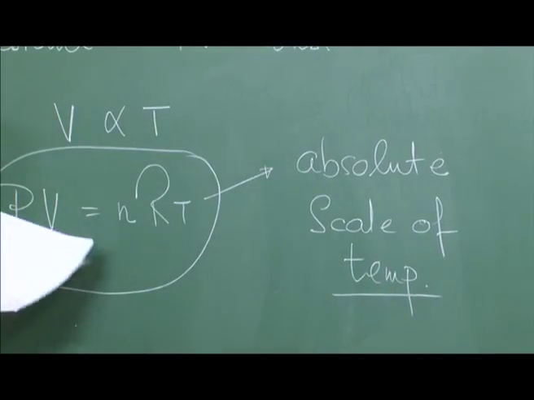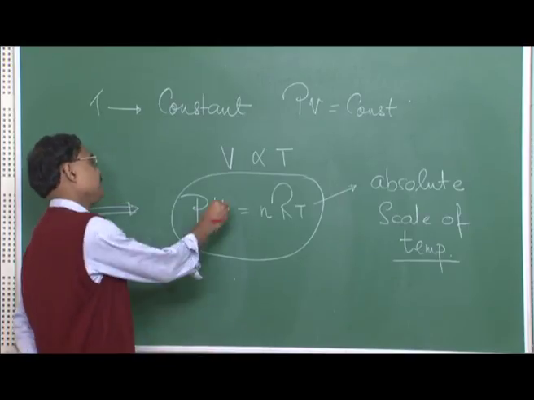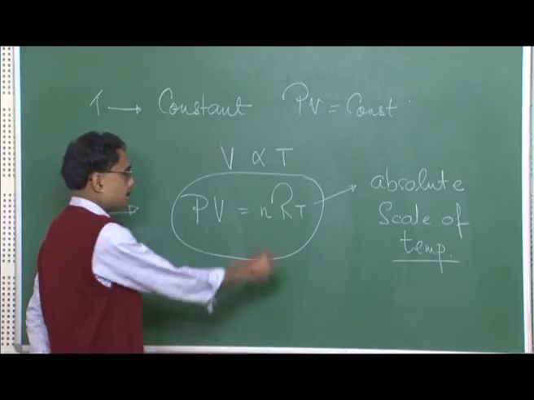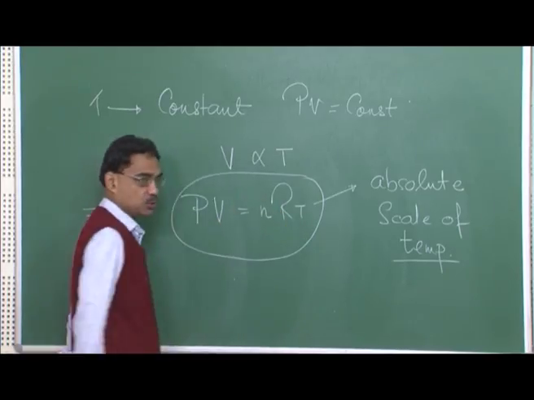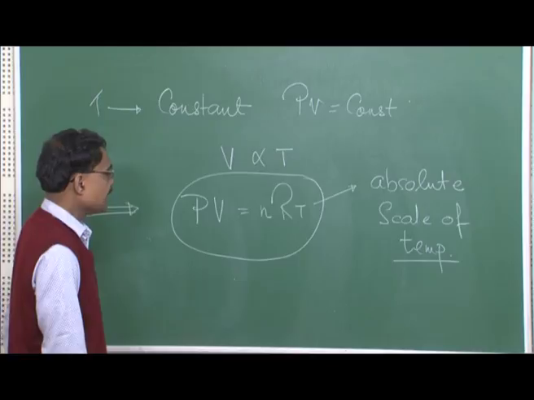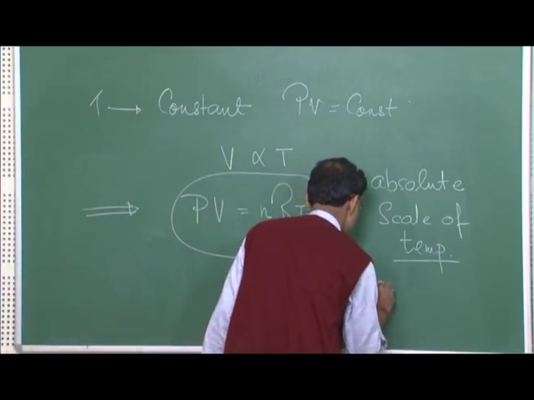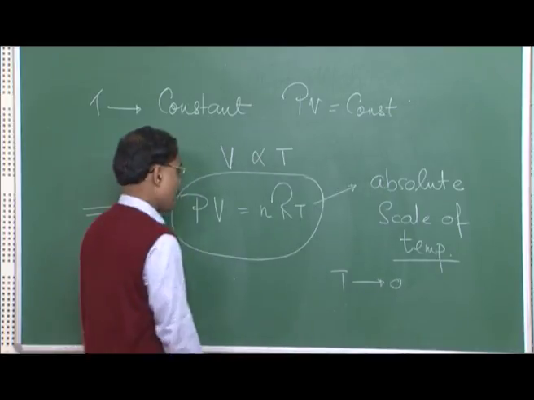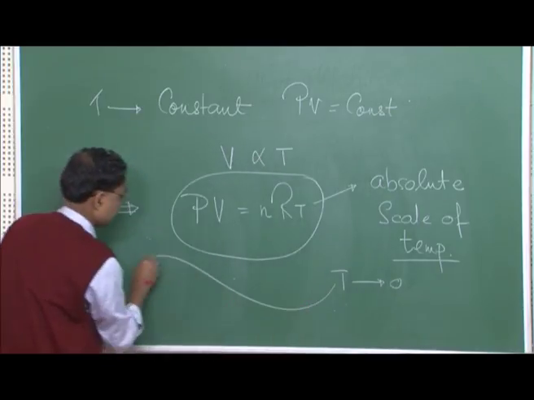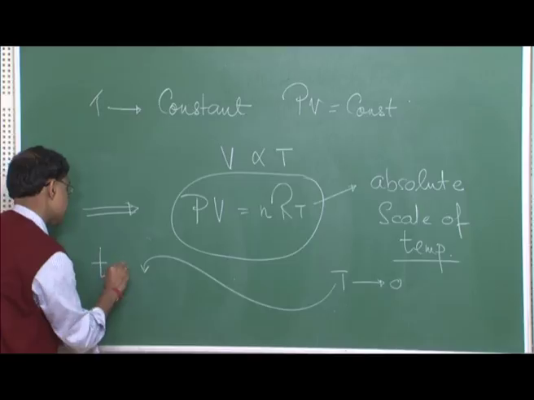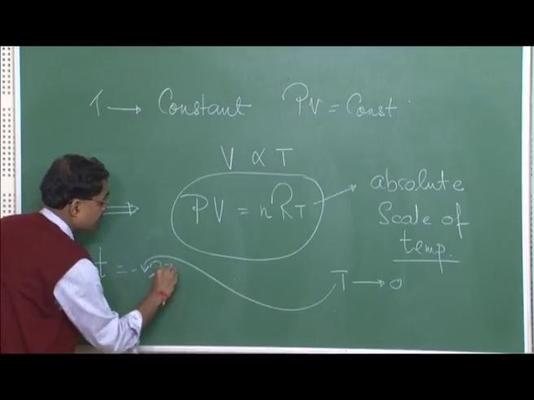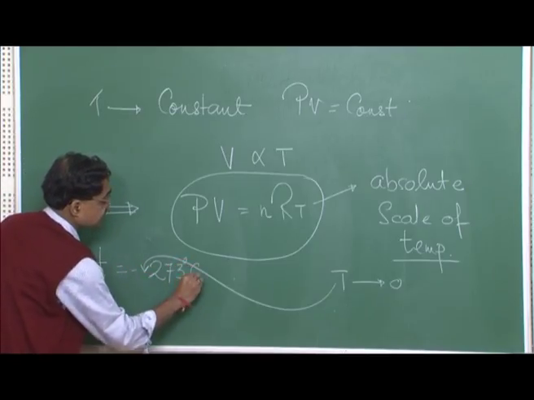If you keep V constant, P is proportional to absolute temperature, and we all know what happens as I approach T equal to 0, which in the Celsius scale is roughly minus 273 degrees Celsius.